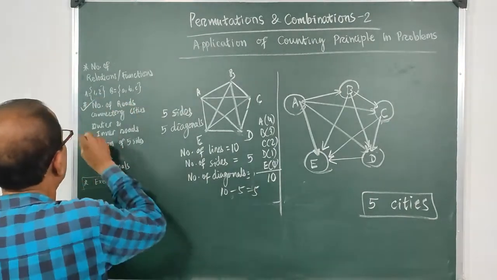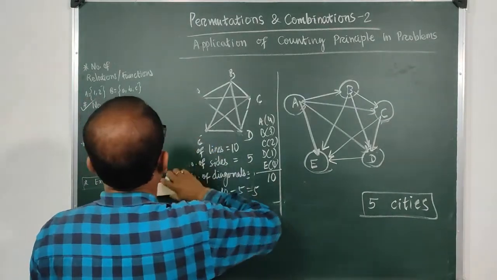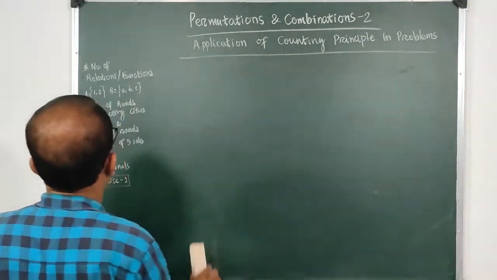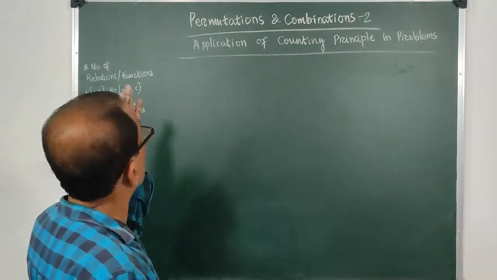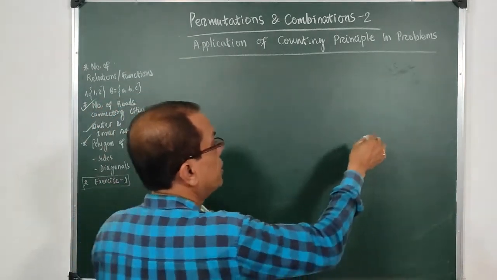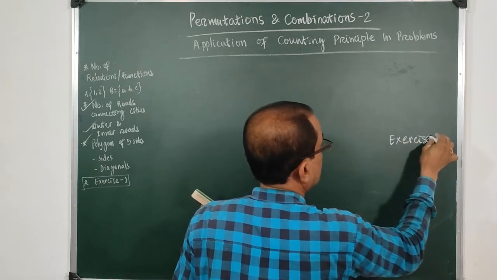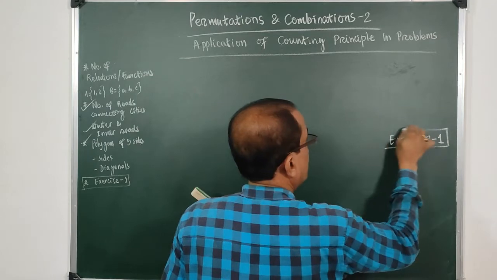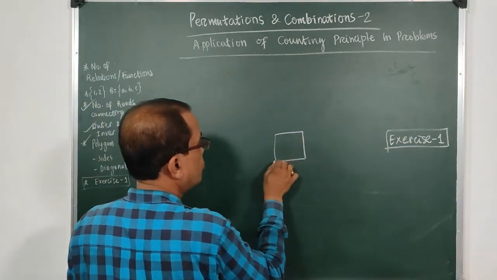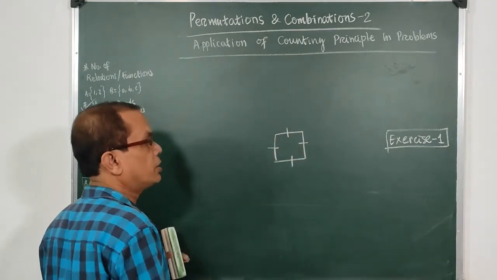We have the two problems covered now: polygon of n sides and the polygon and road problem. So this was the application of the counting principle in problems, and with this you can complete the first exercise in permutation and combination. And in the previous class I had talked of the number of ways in which a person can enter and exit a film hall, a cinema hall.